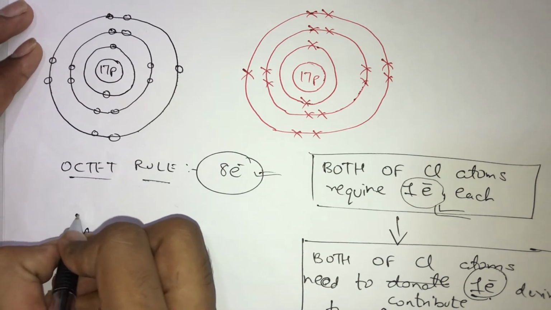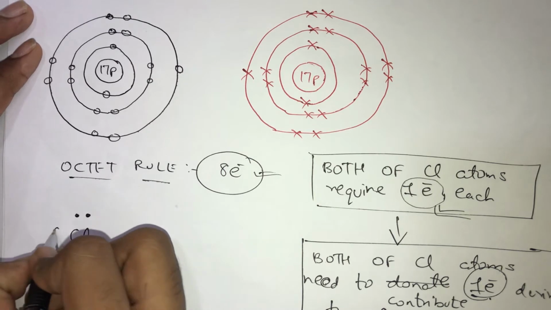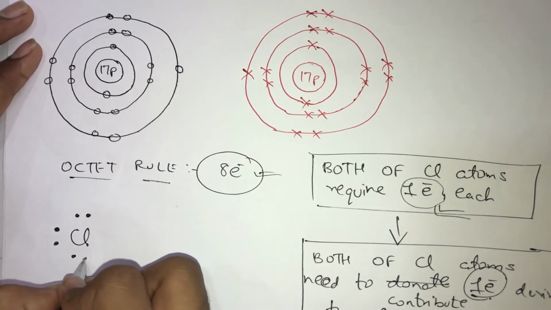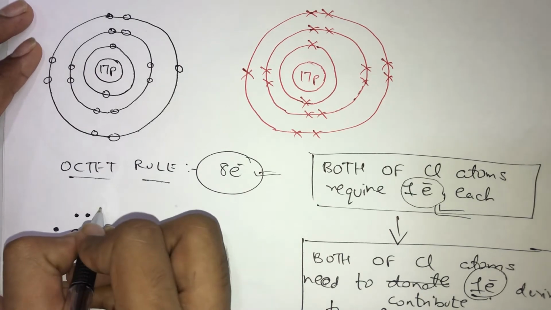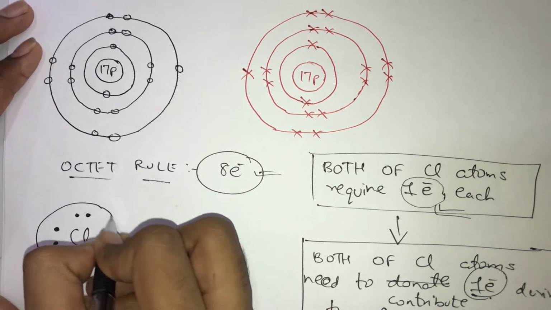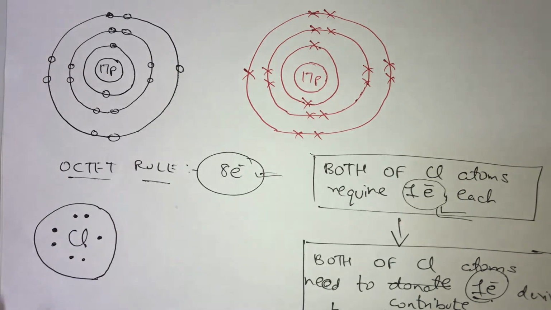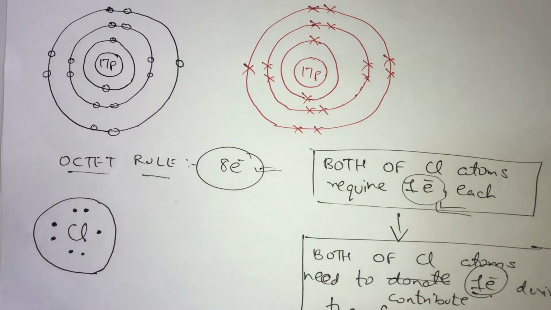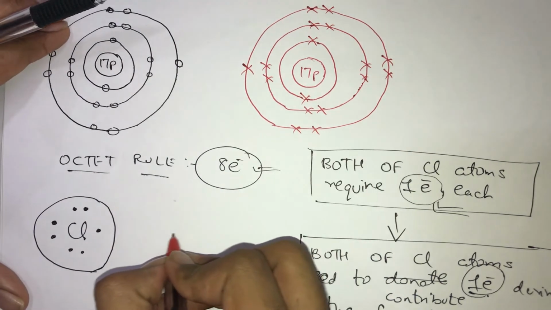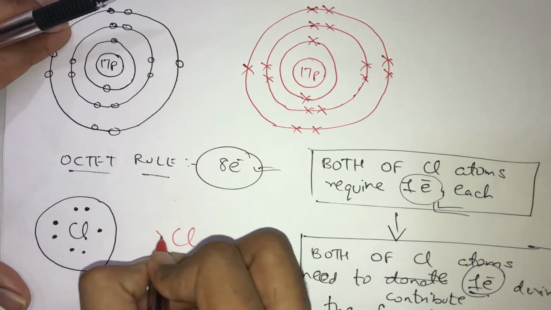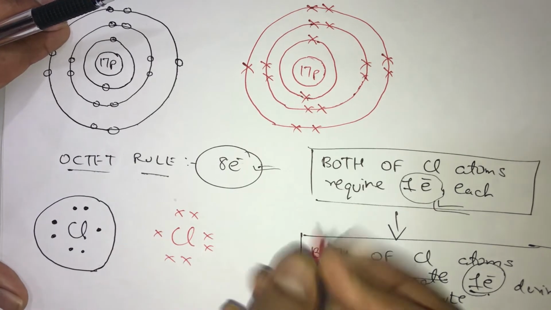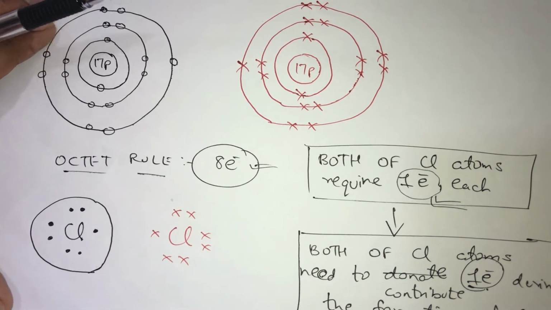Okay, so there are 7 electrons present in the outermost energy level. Okay, so this is a Lewis structure for this atom, and for this atom I am drawing another Lewis structure over here. Okay, the 7 electrons as you can see over here.